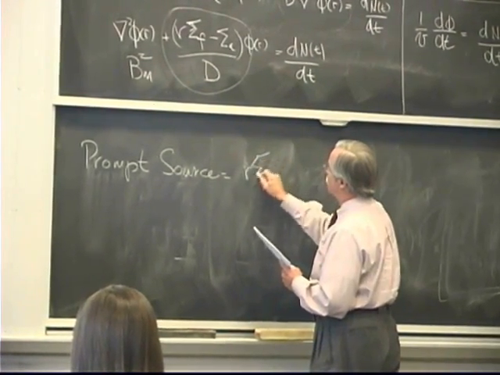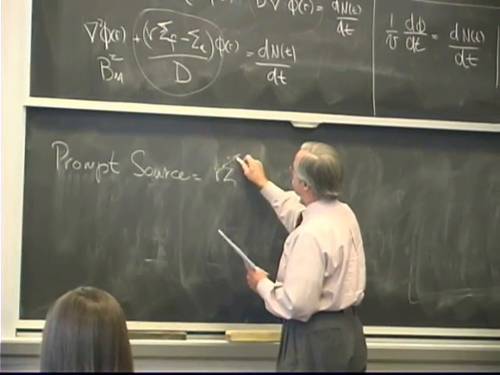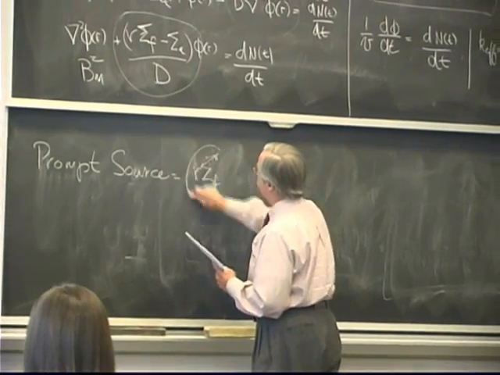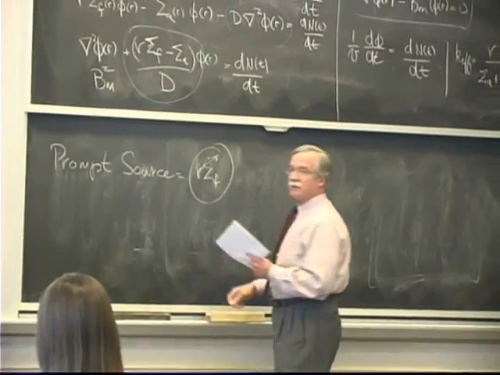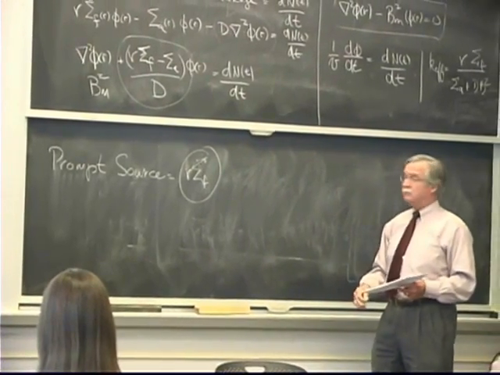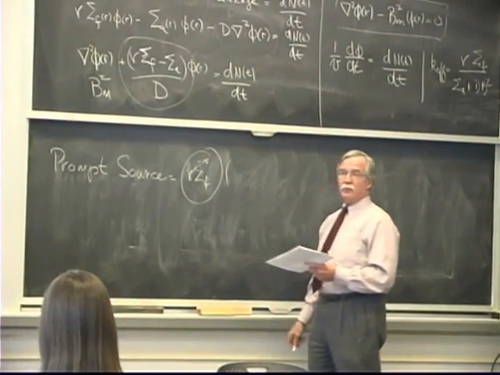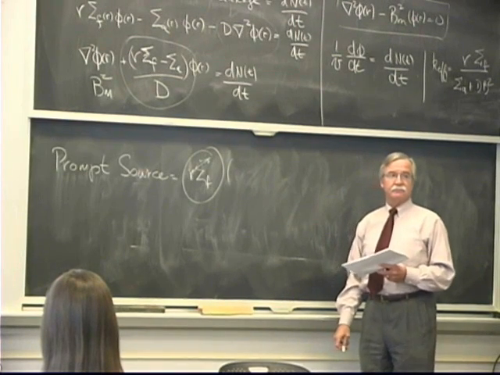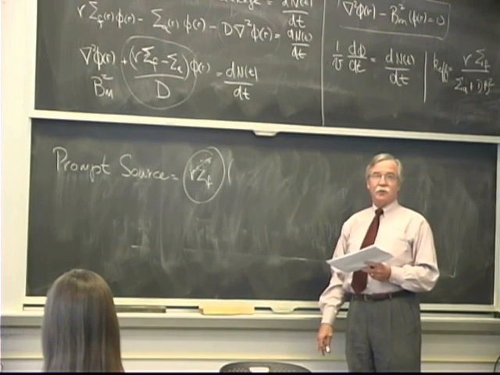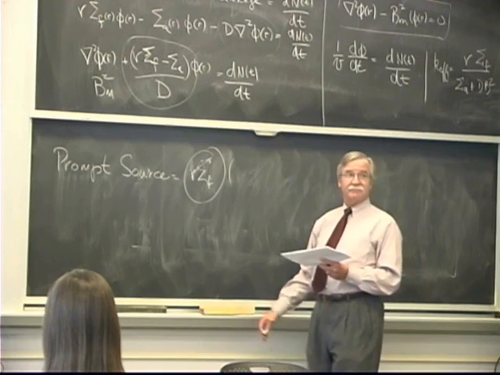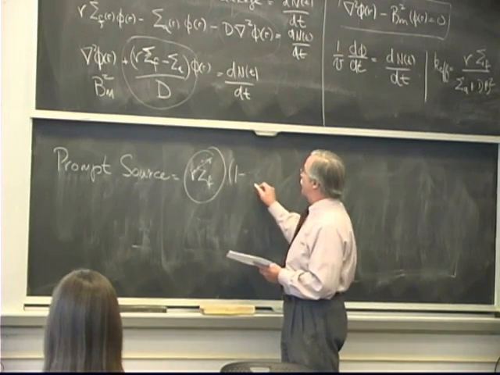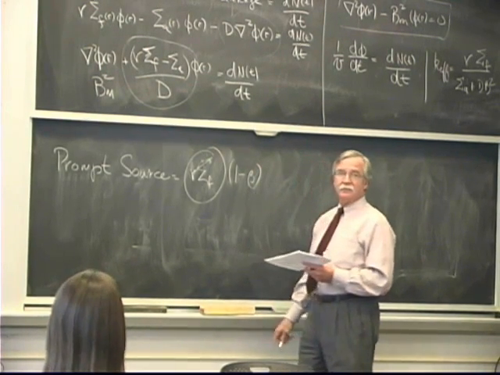Nu sigma F, right? That's the total number of neutrons released per fission. Now the prompt source would be what of that? We're calling beta. 1 minus beta. Those are all prompts.